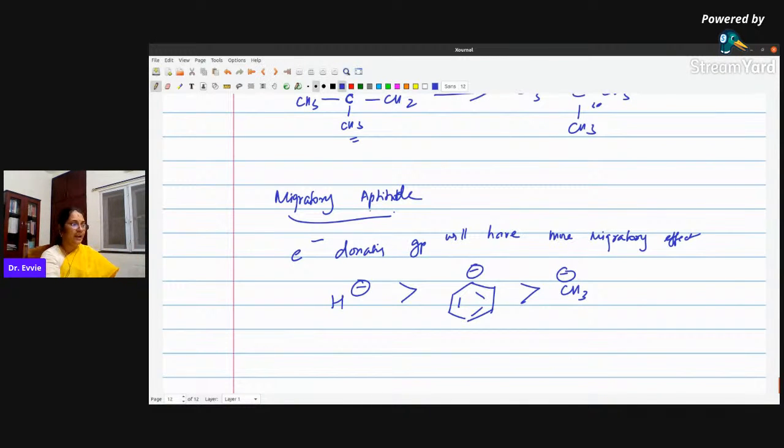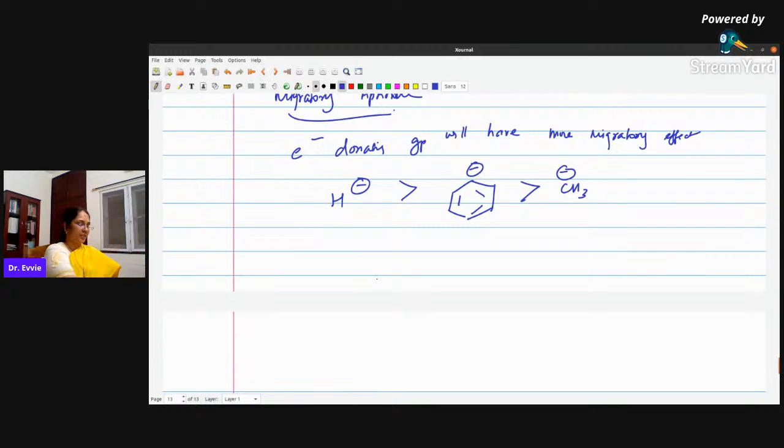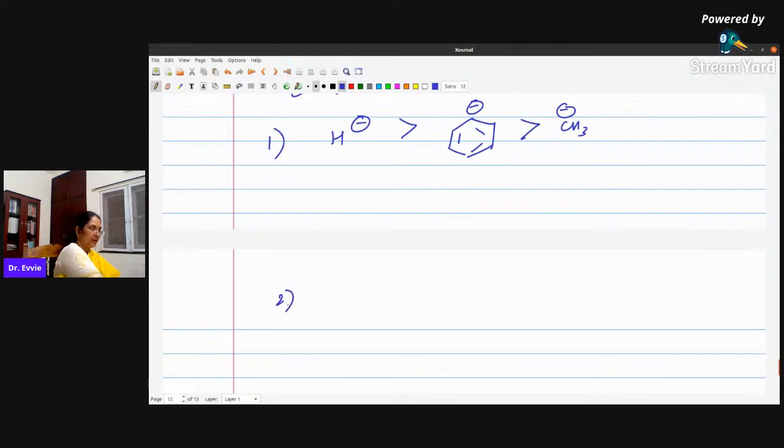Now let us write the other order. Among these alkyl groups, the tertiary one will have more migratory aptitude, which will be greater than the secondary carbanion, CH3 minus CH3.